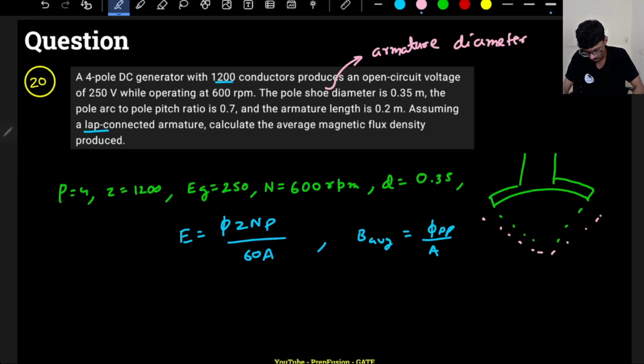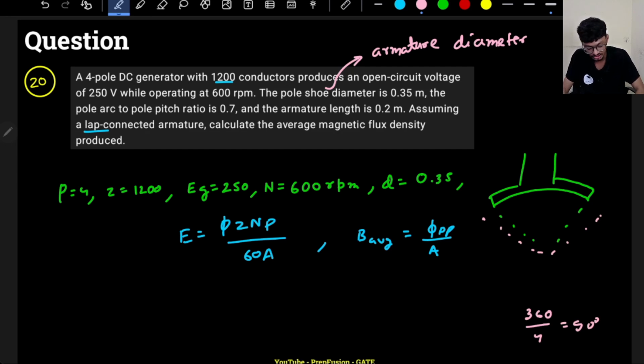Let's say I have a total of 6 poles. So what will be the pole pitch? Overall mechanically I have 360 degrees, so 360 divided by the number of poles gives the pole pitch. This we have already learned. In this case, the pole pitch is 360 divided by 4, so it is 90 degrees.